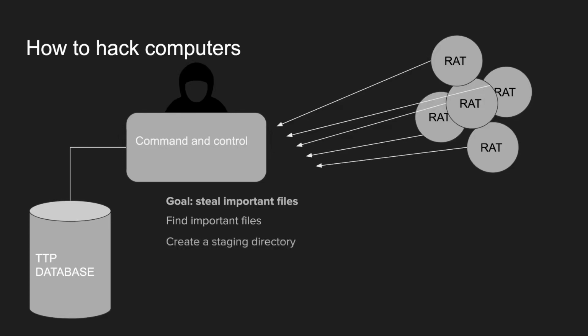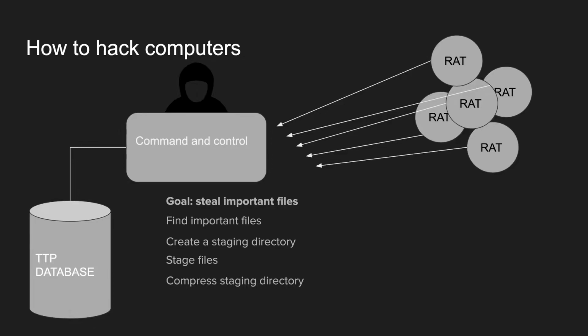Then I need to create a staging directory. I need to make a directory on my target systems in order to stage my important files. So I want to copy the important files from around the systems and drop them into a single place, ideally on a network share if I can do so, and just have a single spot. Then I'm going to compress the staging directory.